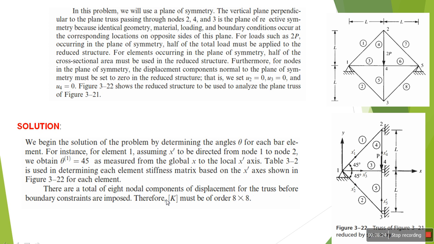Therefore, K, the global stiffness matrix, must be 8 by 8.